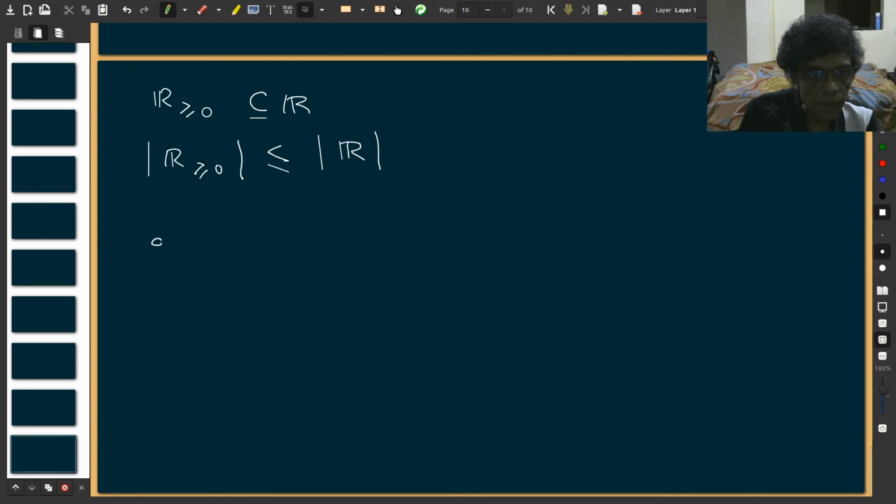So, I consider this map g from R to R greater than or equal to 0.